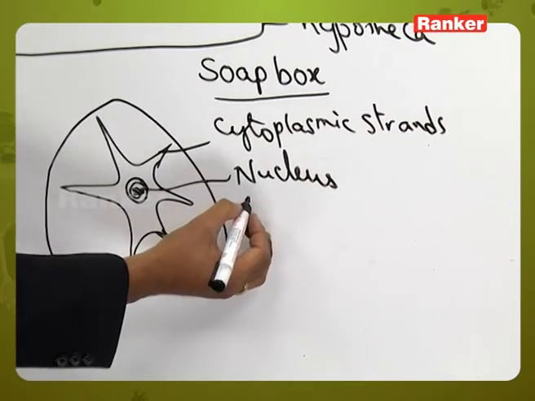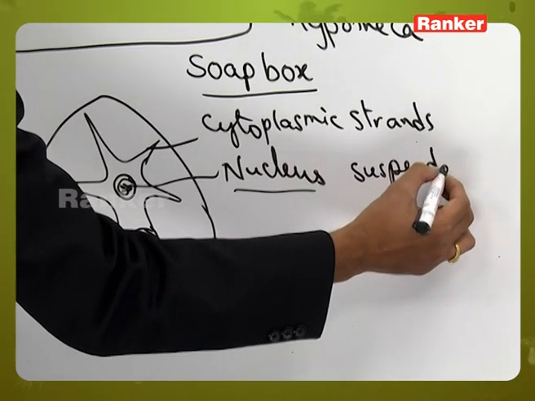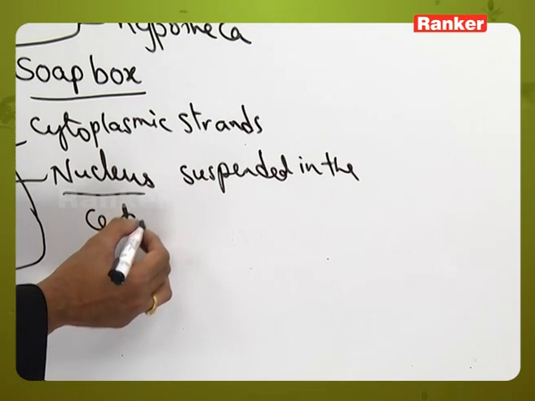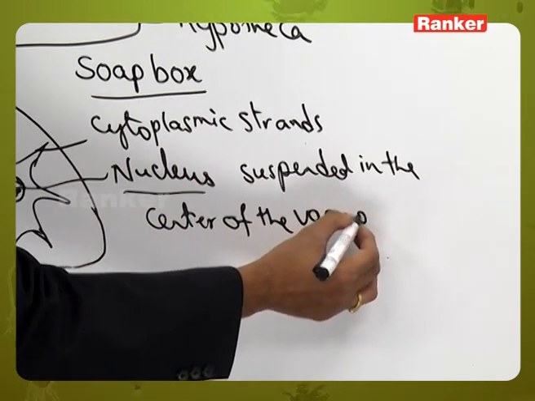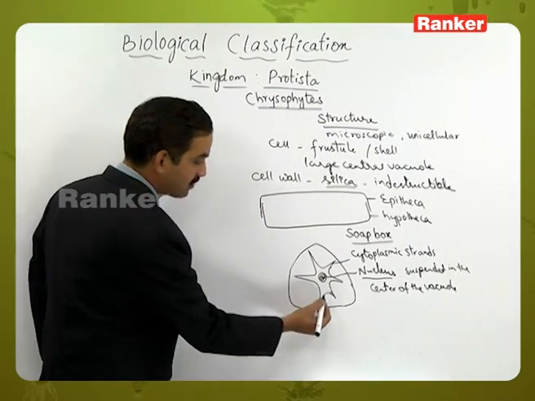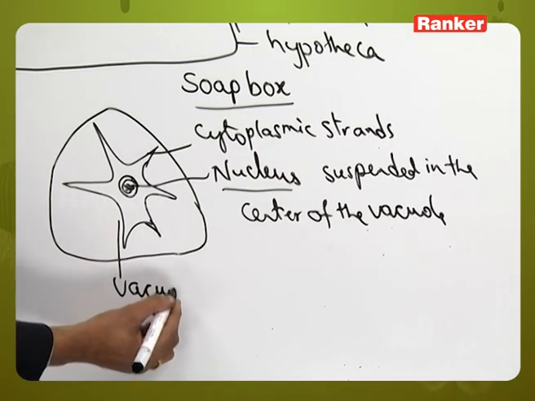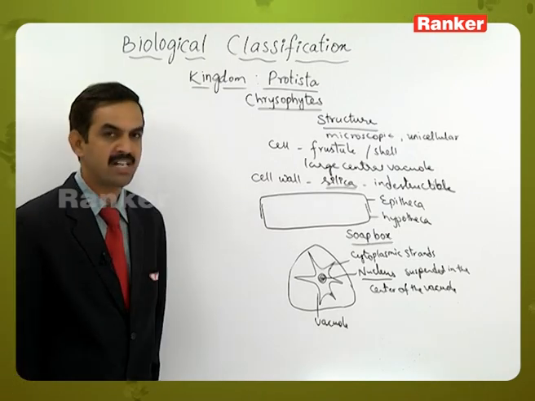So the nucleus is suspended in the middle or in the center of the vacuole with the help of these cytoplasmic strands. This part will be the vacuole.